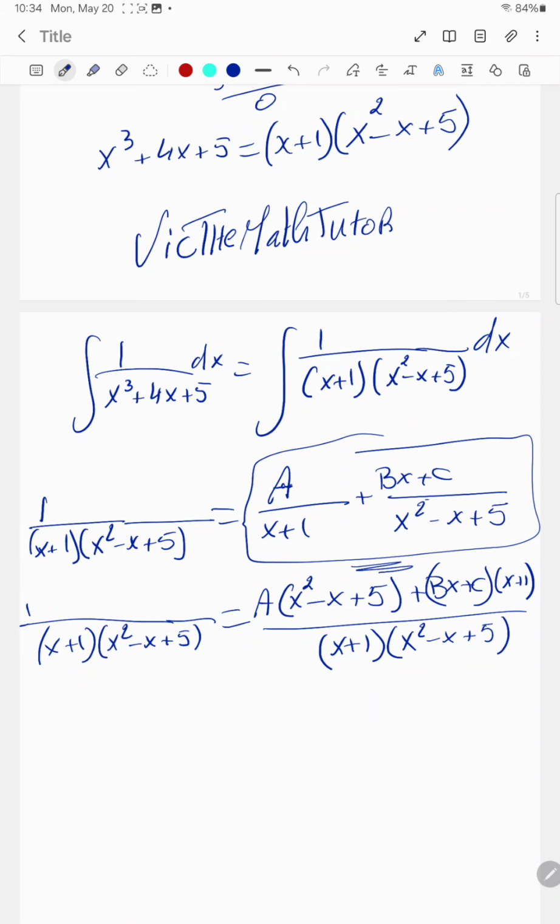I just added those two fractions, and in the description of that video I will put the reference of the other video that would explain to you why I decomposed it this way.